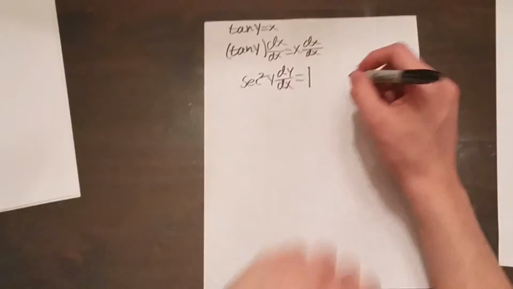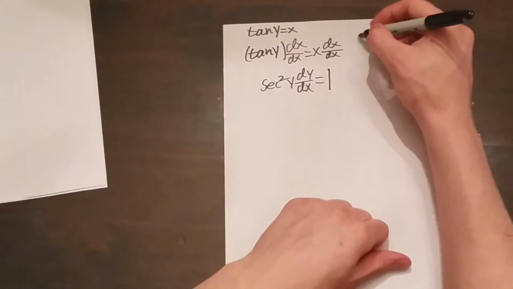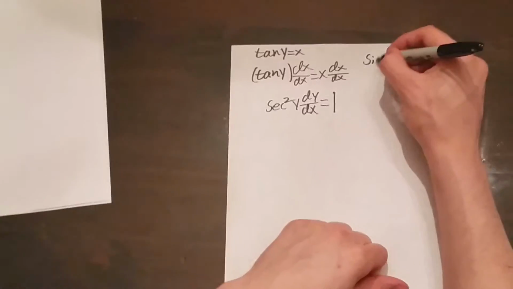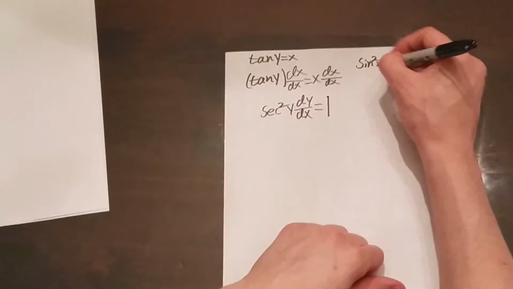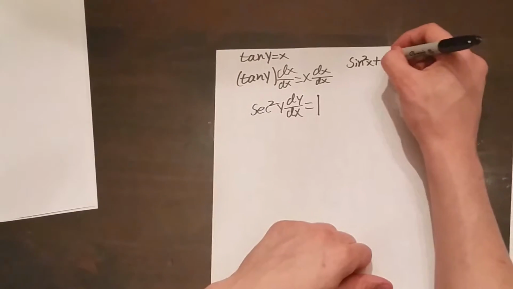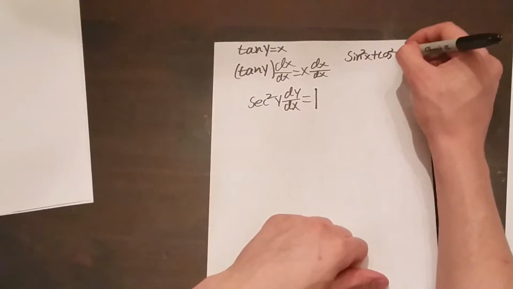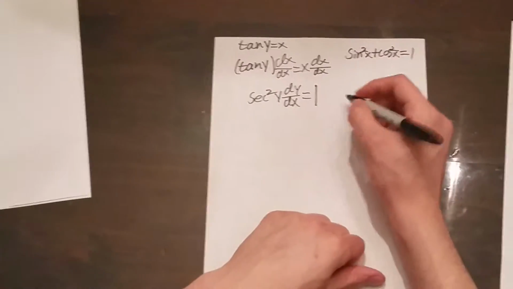And going back to our trigonometry rules, just in case you don't know, sine squared of x plus cosine squared of x equals 1.